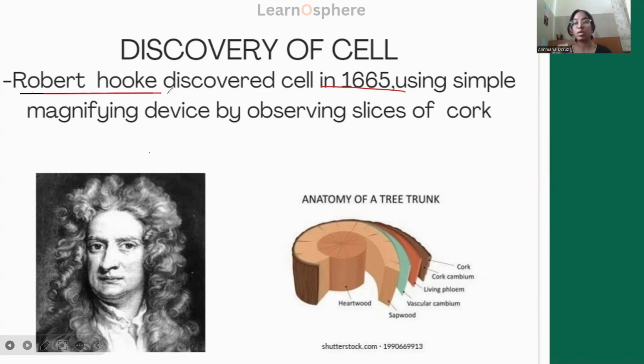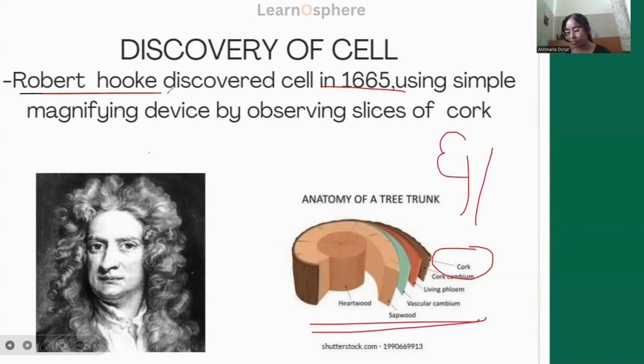Basically, he took a small piece of cork, or a slice of cork. Now, what is cork? In this diagram, you can see the outermost layer of the bark. You have seen a bark. You have a tree, and this is the trunk of the tree.